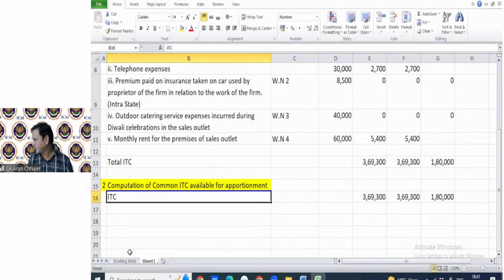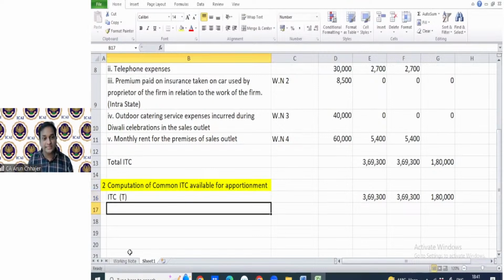Do you remember that there is a concept of T, T1, T2, T3? As per Rule 42, this is the T. I have to reduce T1, T2, T3 and T4. What are T1, T2, T3, T4?